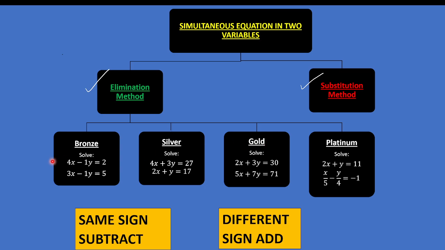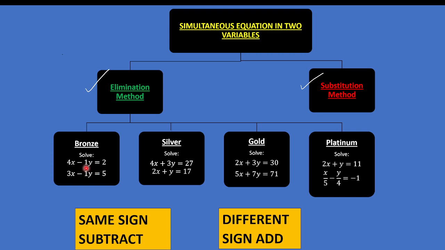I named those categories. The simplest category is the bronze category, in which the terms are always equal, they are the same. Like here in the bronze category, in equation number 1, my y term is 1y, and in equation number 2 my y term is also 1y, so it is always the same.